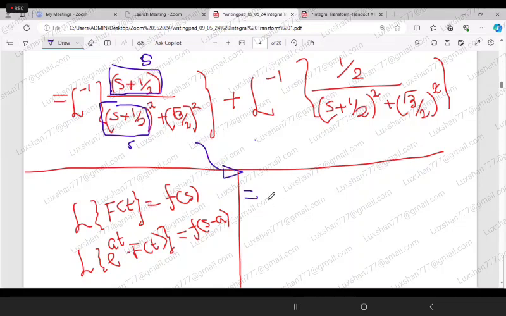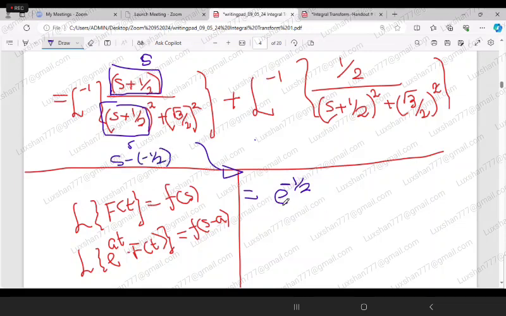Okay, this one is equal to e to the power minus half t, because for a you have minus half. You can write this as s minus minus half.